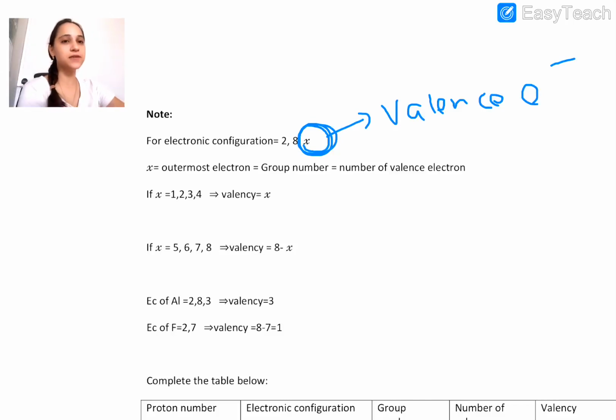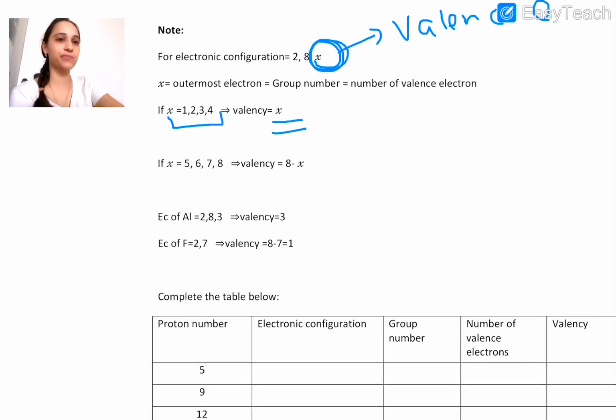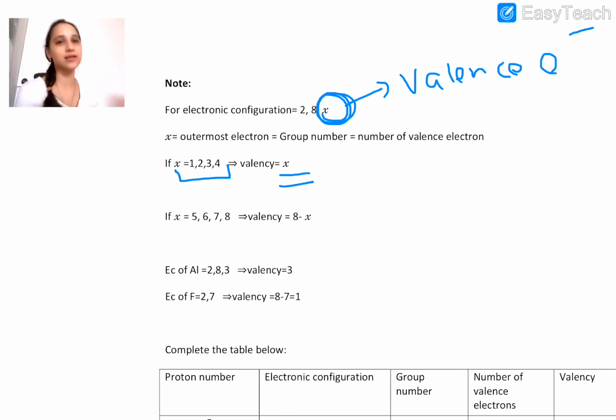And if it is from 1 to 4, so generally if X is 1 to 4, valency would be equal to X. I think we did that in Form 3. So I hope you still remember it. If you don't, okay.